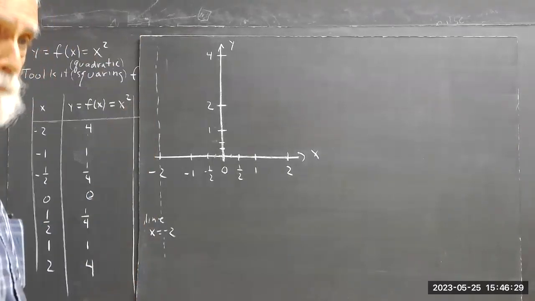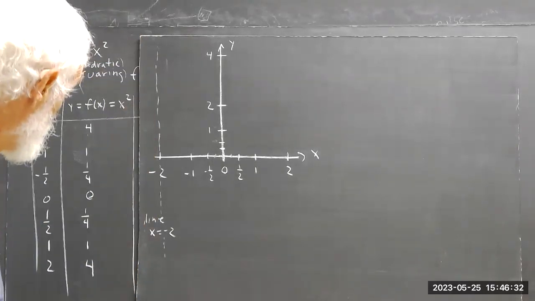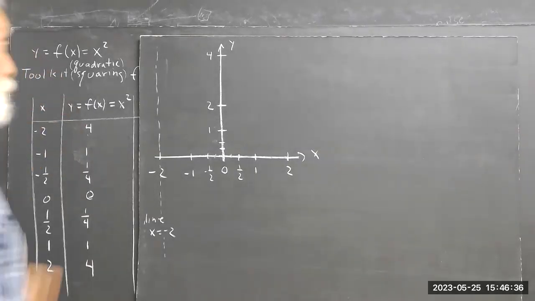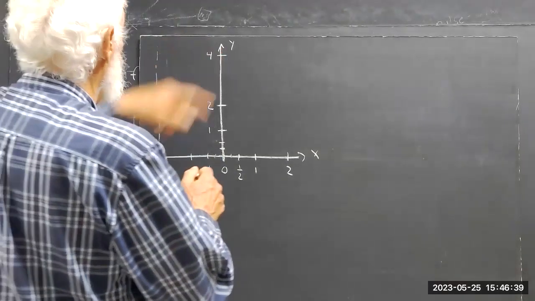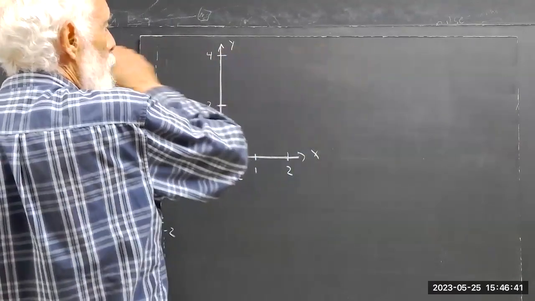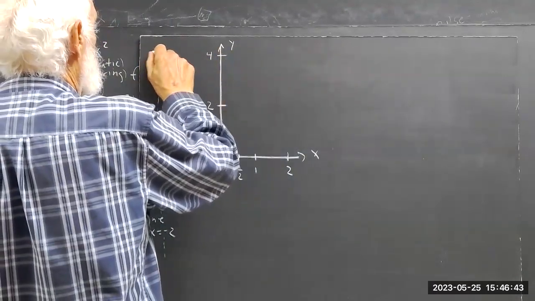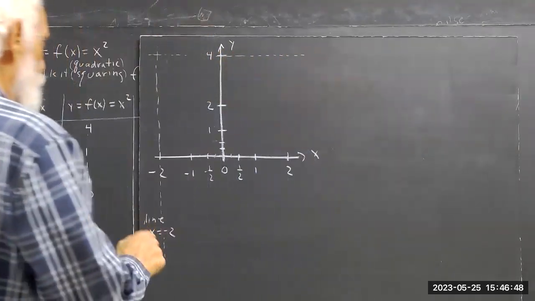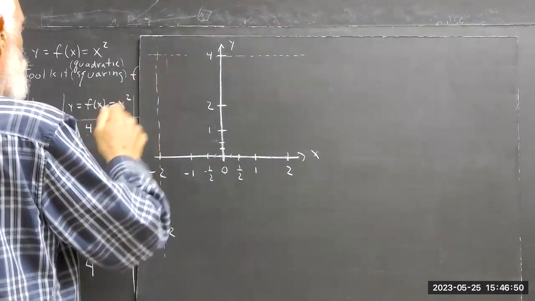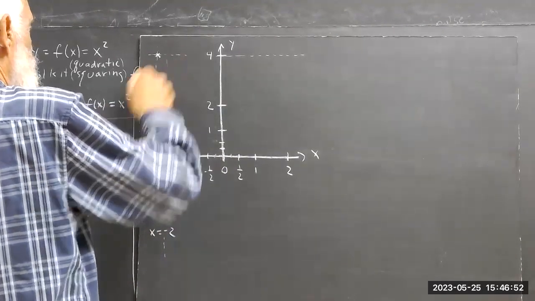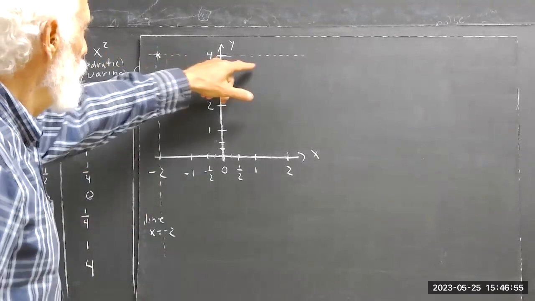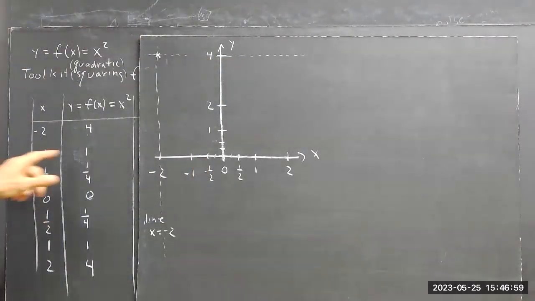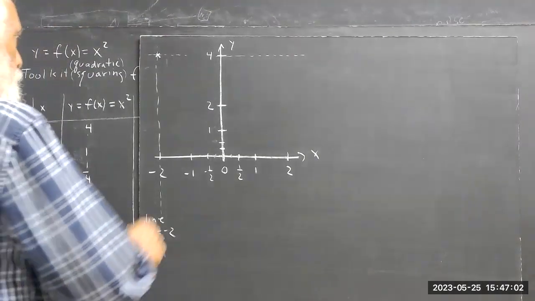Make sure it's pretty vertical. Okay. And y is 4. So there's a line for y equals 4. Y equals 4 here, and y equals 4 everywhere horizontally across from this point. So that -2, 4 is where these two lines intersect. X is -2 and y is 4. There's our point. Okay, well, we can do the same for -1 and 1.